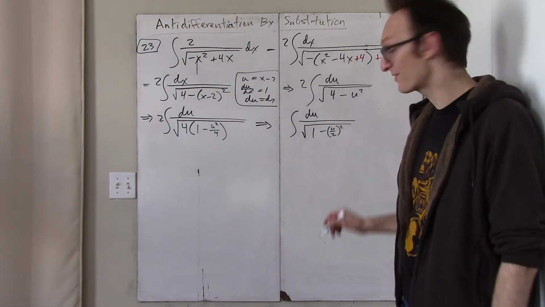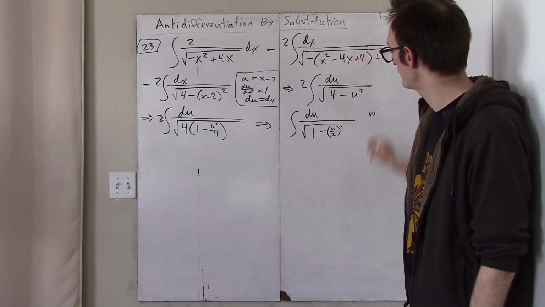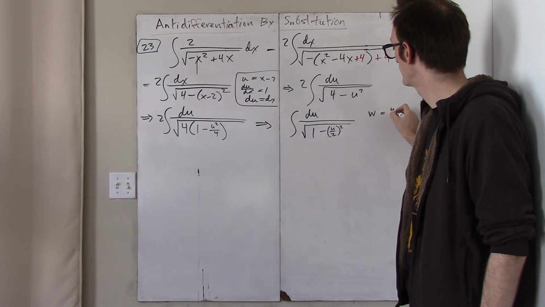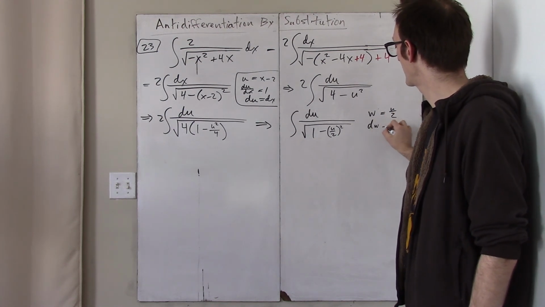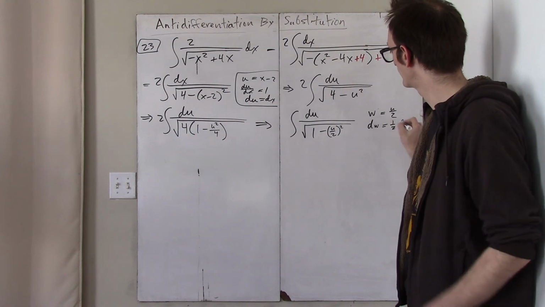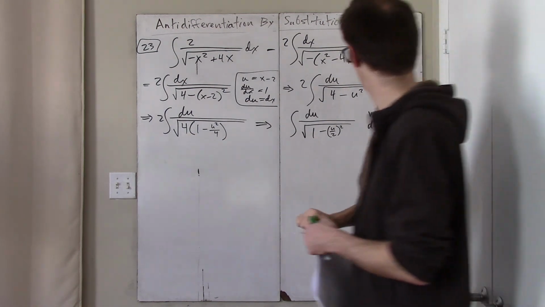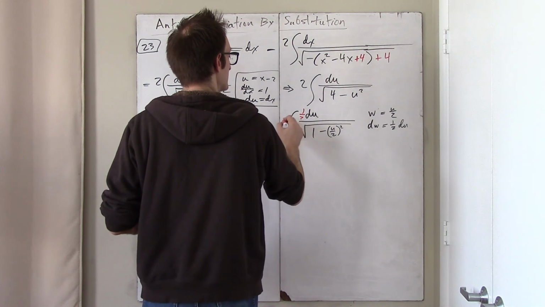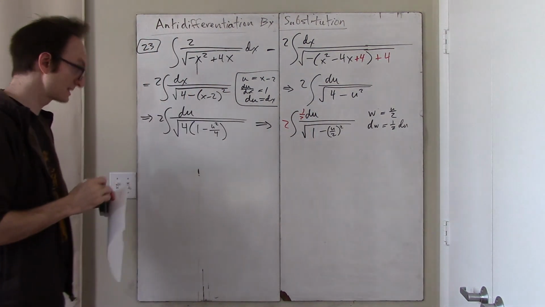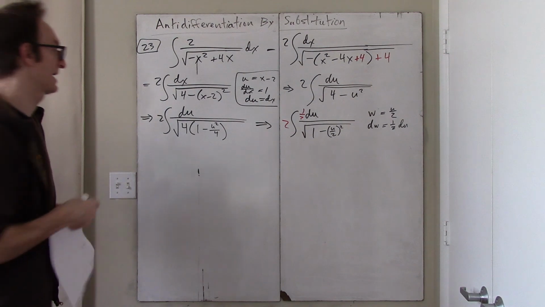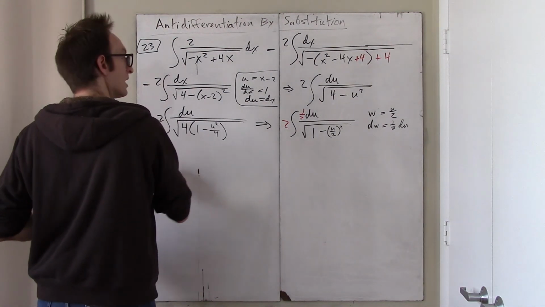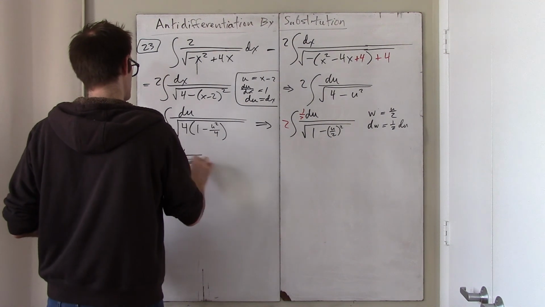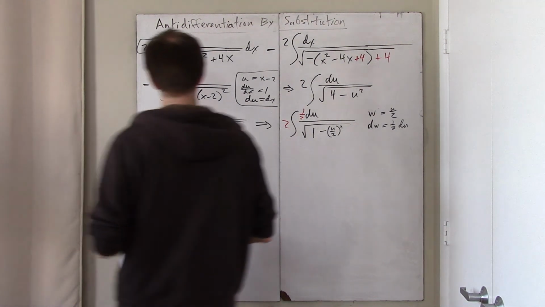Now I can do another substitution, so I usually go to w next because v sometimes looks a lot like u. If w is u over 2, then dw is 1/2 du. And so finally, I stick a 1/2 in here and undo the damage with a 2 on the outside, and that's why I get 2 dw over root 1 minus w squared.